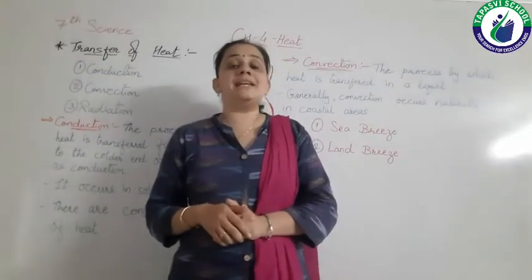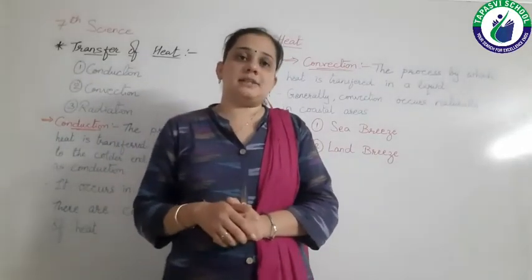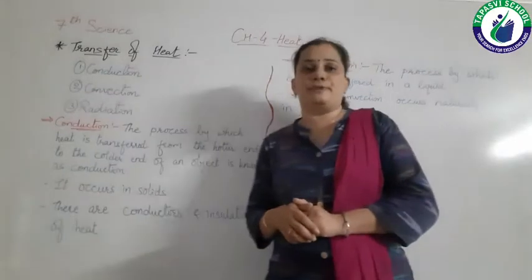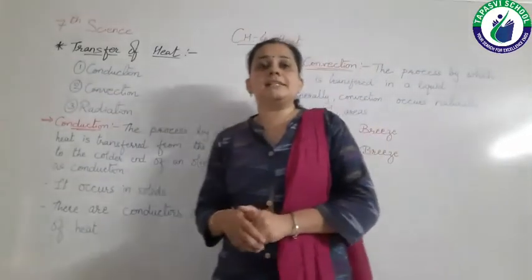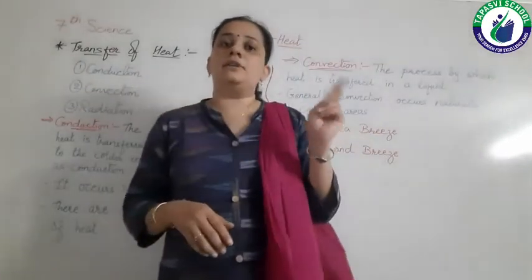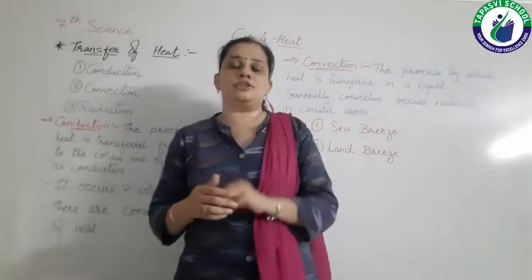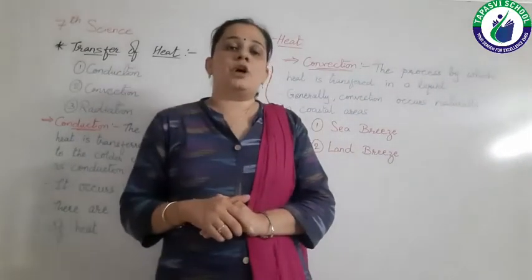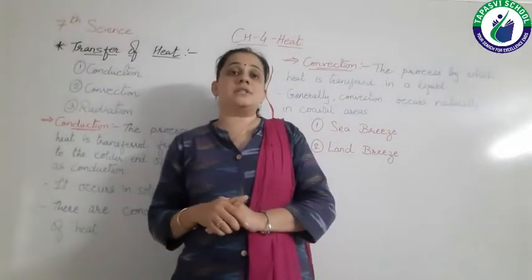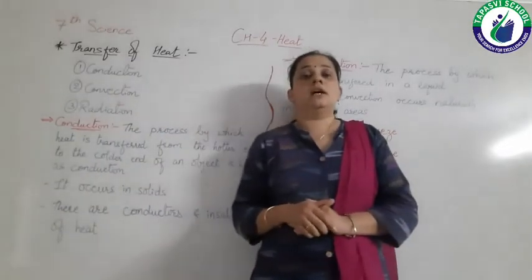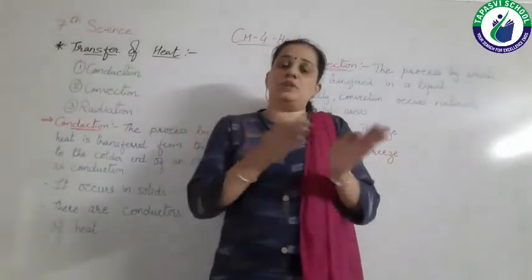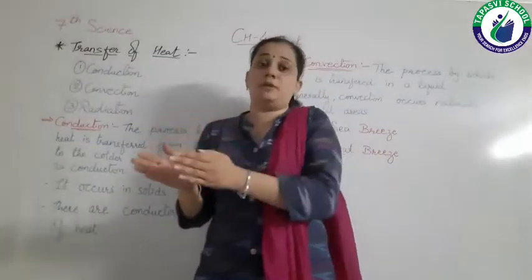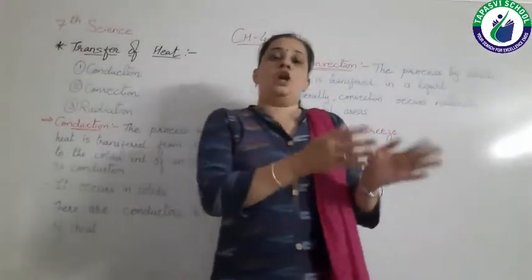So there are mainly three processes by which heat is transferred. That is conduction, convection and radiation. All these three processes transfer the heat from one object to another, or from one part of the object to another part.